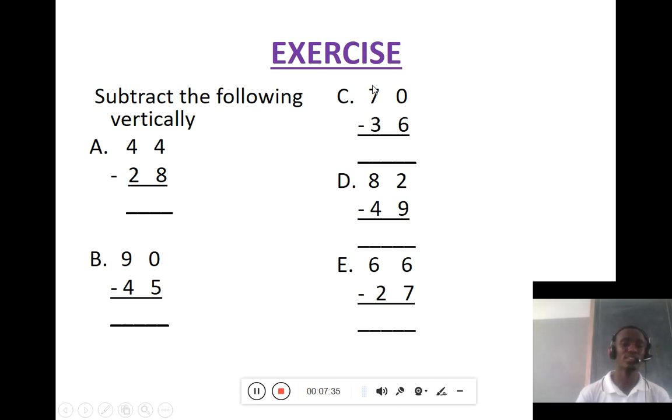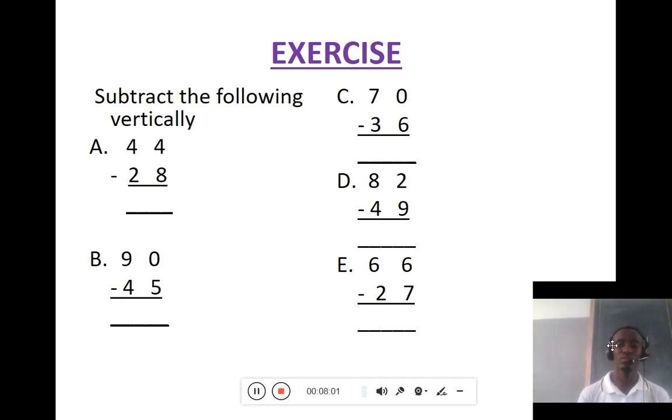Our third one is 70 minus 36. Our fourth one is 82 minus 49. And the last one is 66 minus 27. I think you can do it.